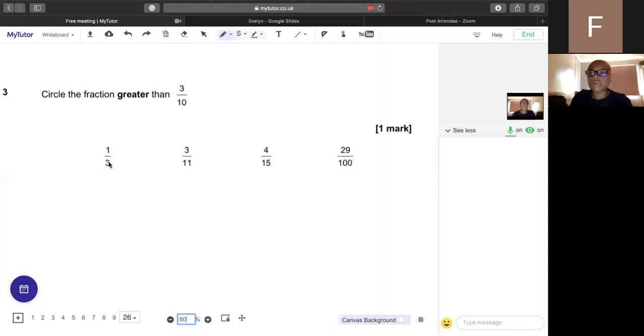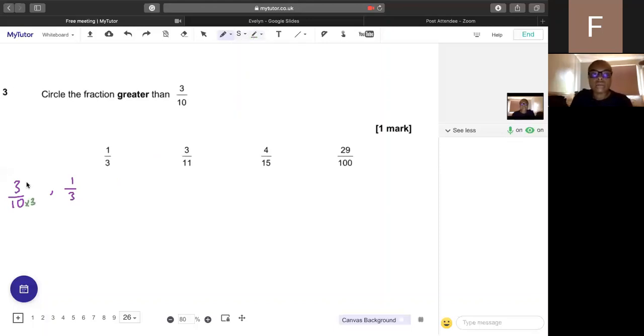So a common multiple between 10 and 3 is 30. So 3/10, we need to multiply the 10 by 3 to get to 30. So we need to multiply our 3 as well by 3. So let me just write 3/10 and 1/3 over here first. So we want to turn this into something over 30.